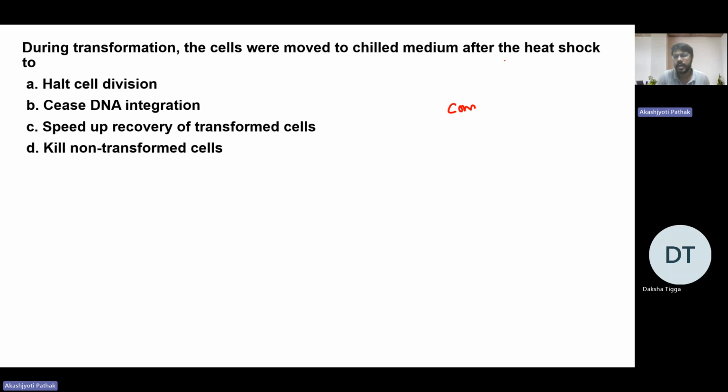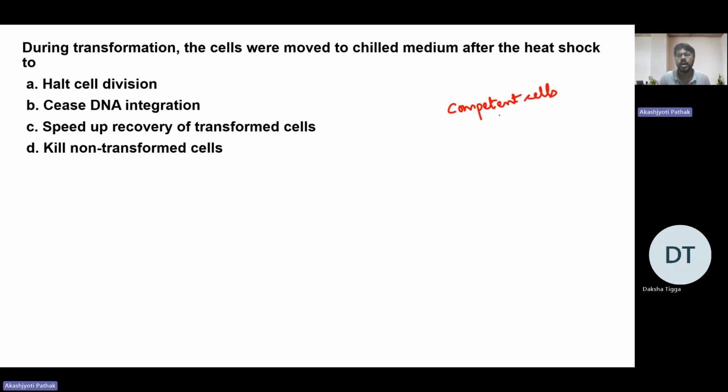Once you have treated the cells with calcium chloride, they have a tendency to lyse. They become very fragile, and if you do not handle them carefully, the cells can lyse.